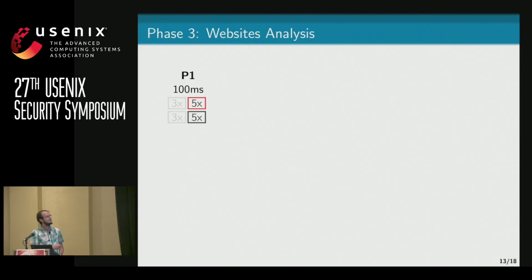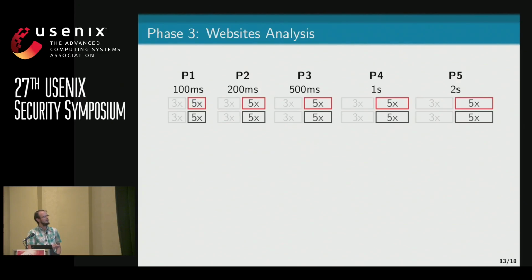And we sent 3 requests for warm-up and 5 for measuring. We also sent 5 random characters of the same size. So we can compare the response to our crafted input and to the random input. We have then a payload at 200 milliseconds level, 500, 1 second, and 2 seconds. So these are the 5 matching times we consider.